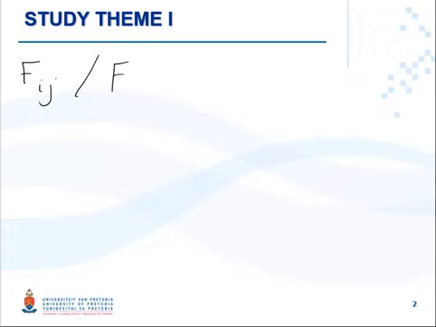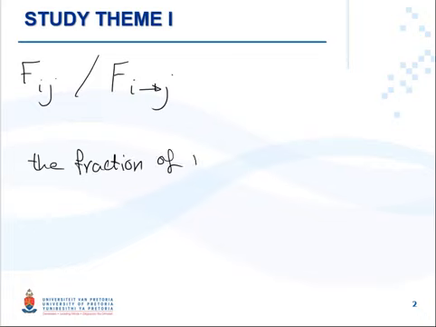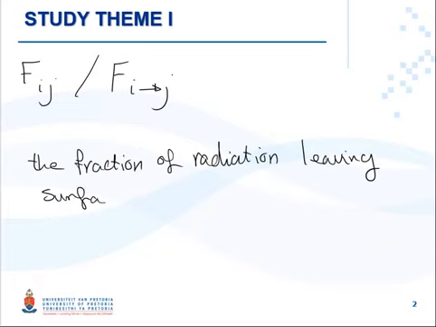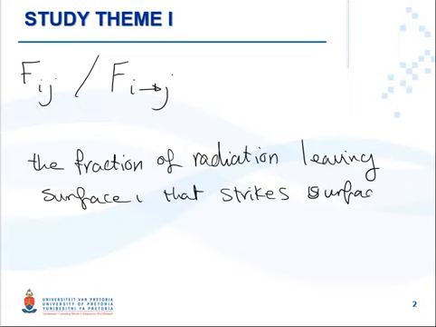We also can show it with F_i→j, and we can define it as the fraction of radiation leaving surface i that strikes surface j directly.